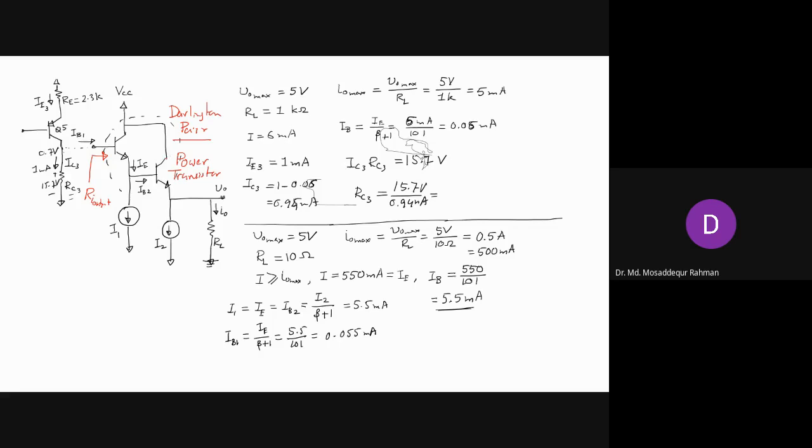They will not be able to sustain that high current. They will melt. So you need to use a power transistor that can handle that high current. There are power transistors of different current and voltage ratings, so you have to take one that is suitable for your application.